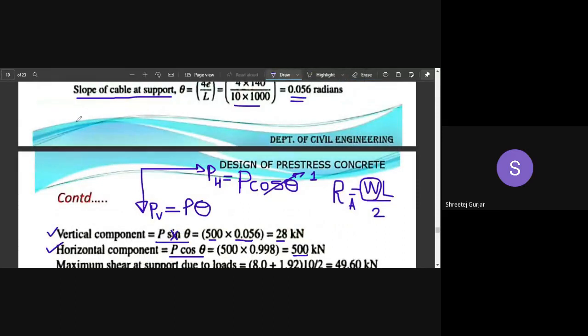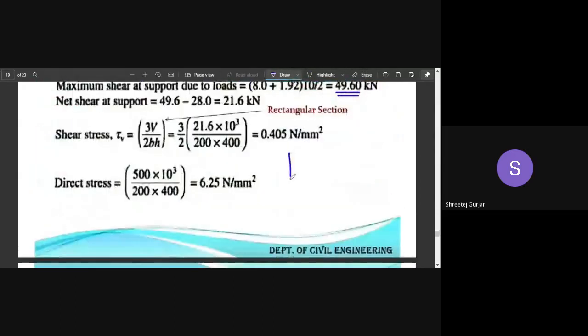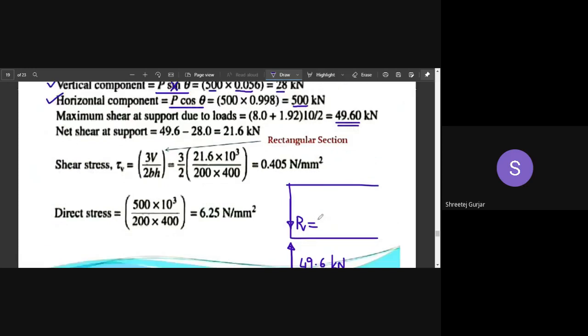So consider this diagram. This is your support, left support. This is the reaction which is acting, which is 49.6 kilonewtons. And you have the vertical component of your pre-stress, that is PV, which is acting in the downward direction, which is equal to 28 kilonewtons.